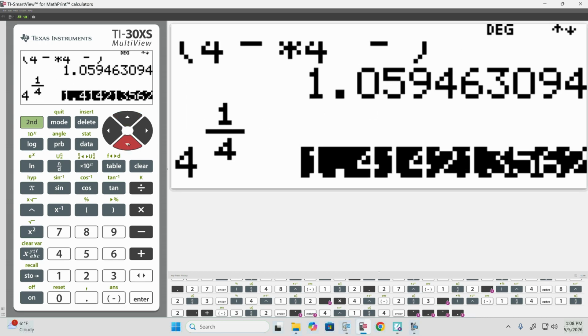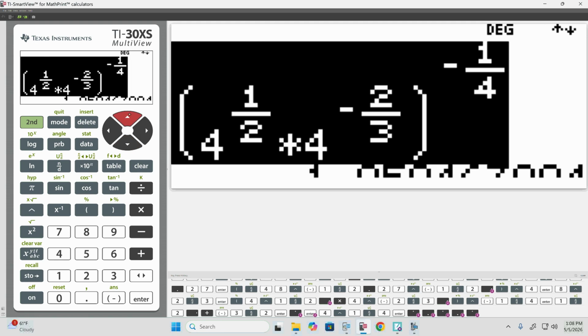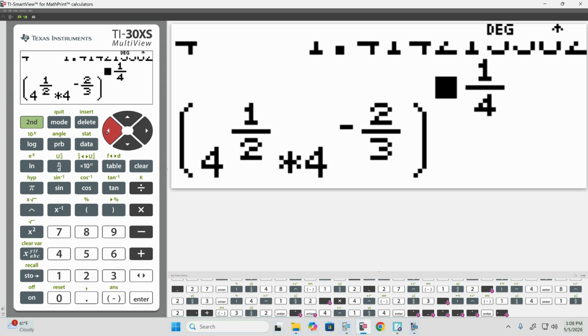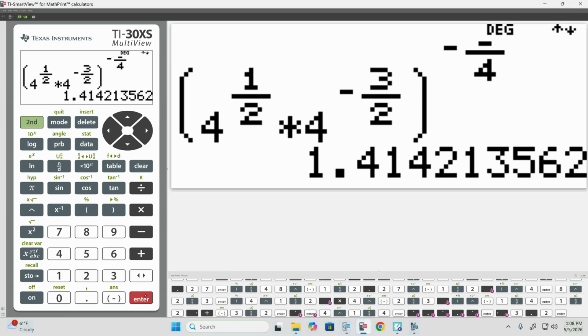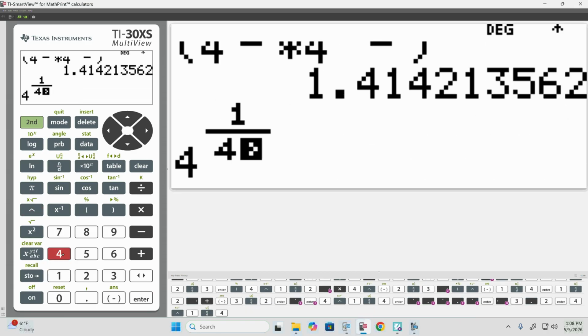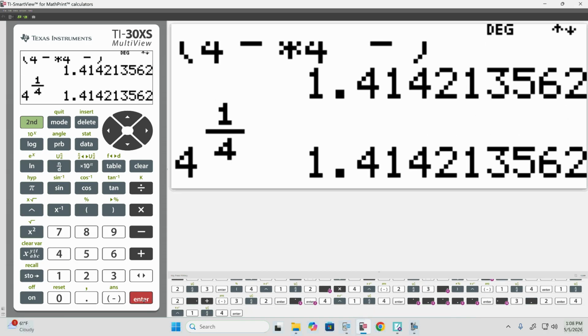No, it is 4 to the 1/4. Ah, that's it right there. Yep, because it should be 3/2. There we go. Thank you. I'd have been staring at that for quite a bit longer, but it is still the same value.